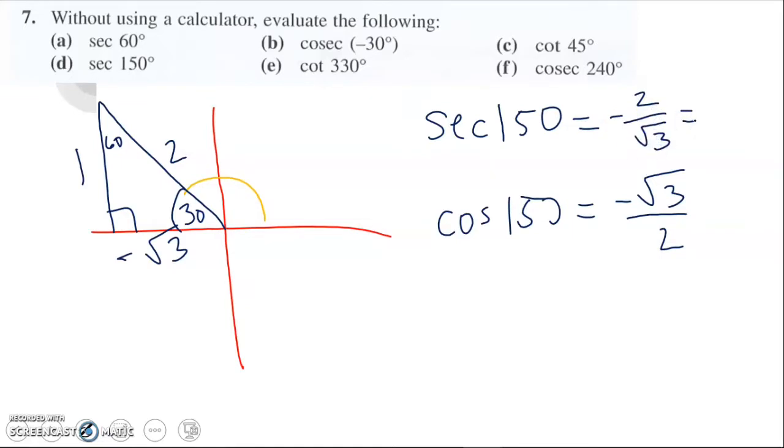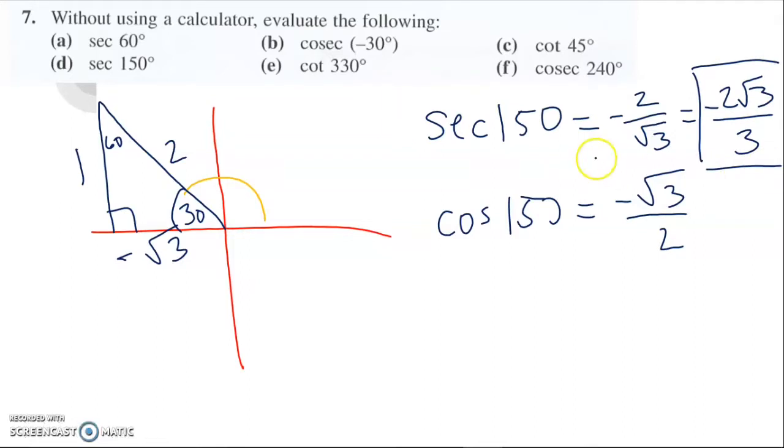But once you rationalize this, you should end up with negative 2 square root of 3 over 3. So here's your answer. Okay, guys, for the rest of these problems, you can look it up on the key. Okay, but that'll finalize this 10.4 lesson for today.